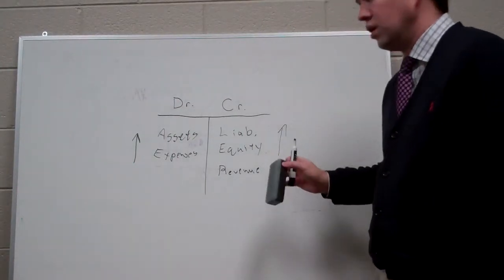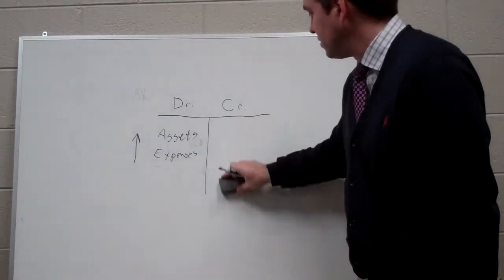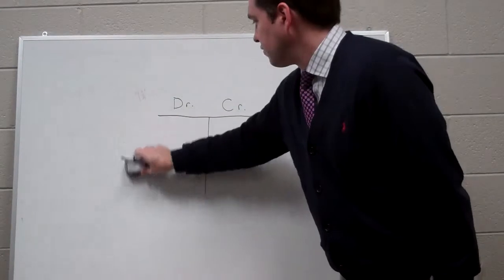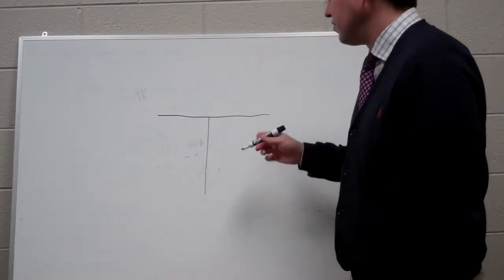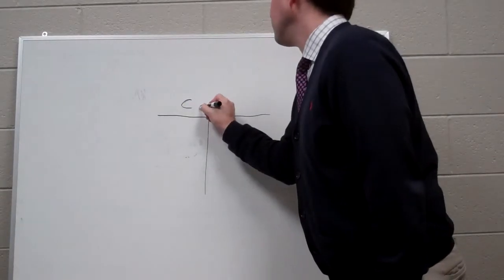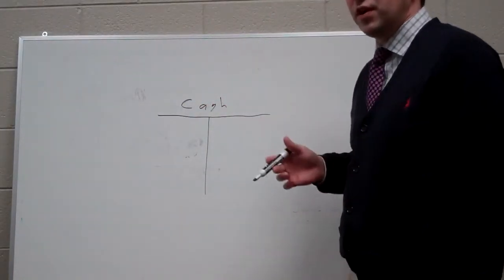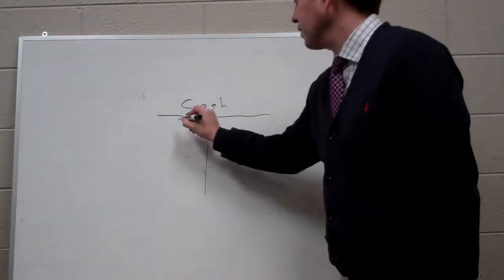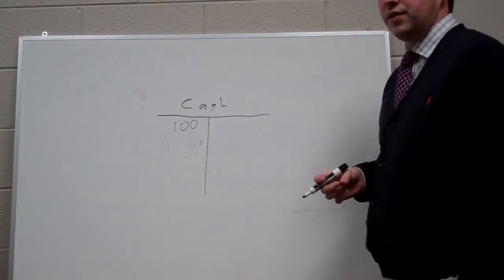Now, this is a T account. And a T account is nice for showing what a particular account did. So let's look at something like cash. Pretty straightforward. Let's say we receive $100 in cash from a customer. That's a debit. Cash is increasing $100.